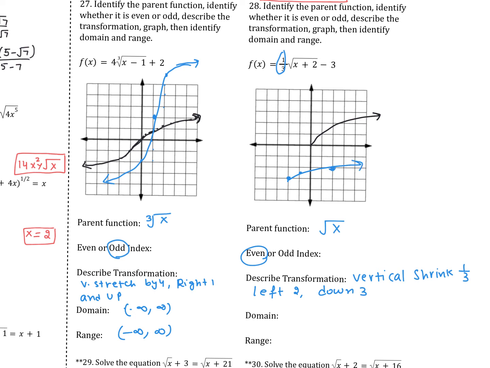So this point is 4, 1, and this point is 1, 0.3. This is your point that is -2, -3, moving towards up and infinity. So domain is -2 to infinity, and the range for this one is -3 to infinity.